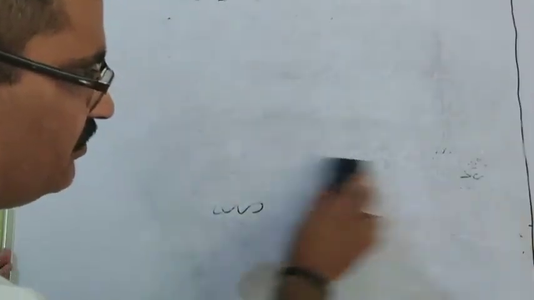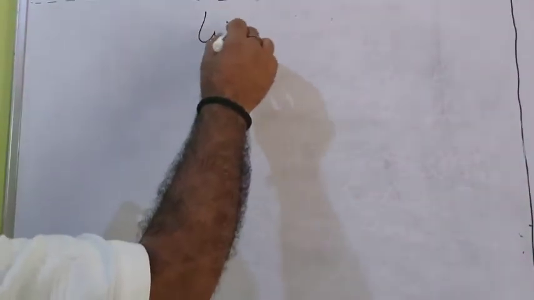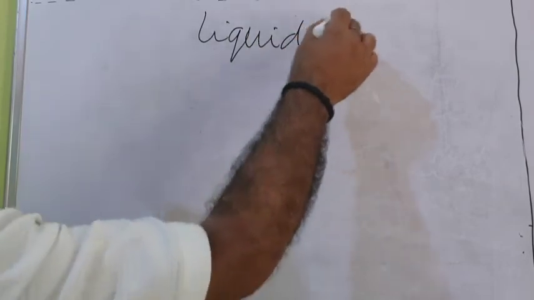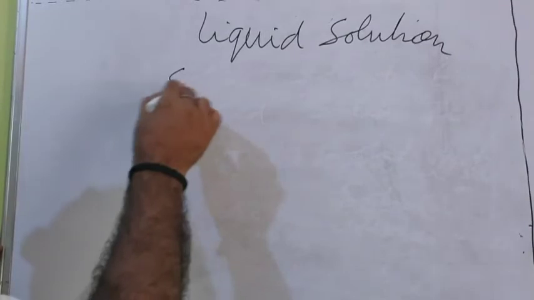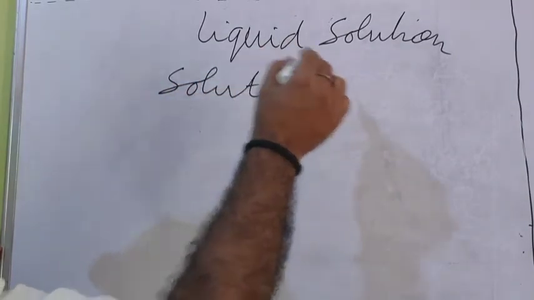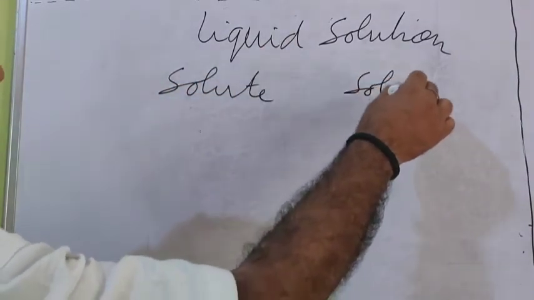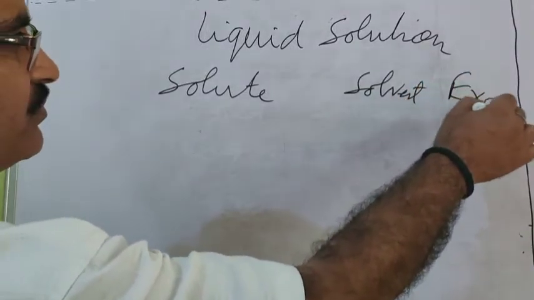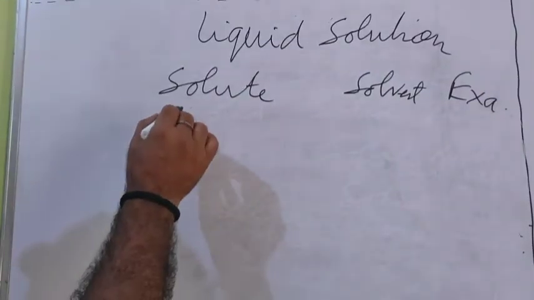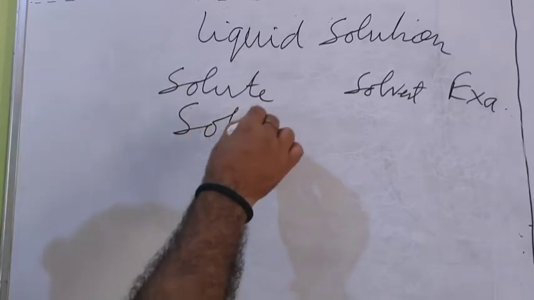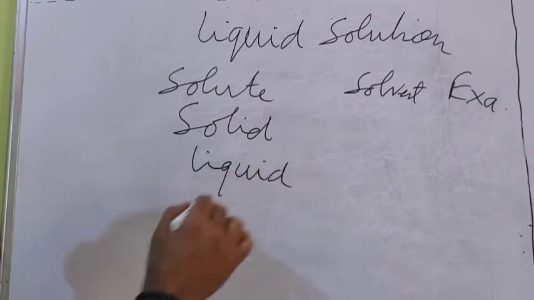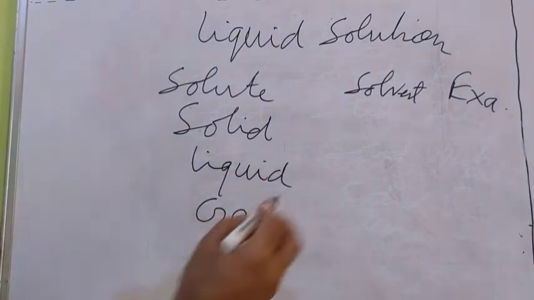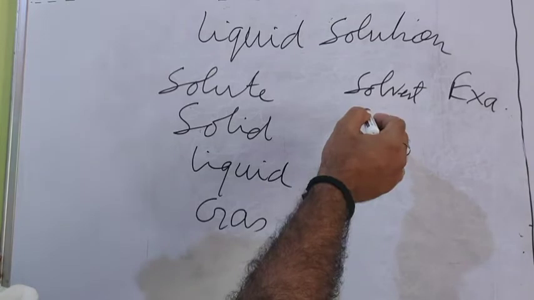Second solution, that is the liquid solution. Liquid solution in which solute and solvent. Example, solute, that is solid, liquid and gas, and solvent is always, that is the liquid.